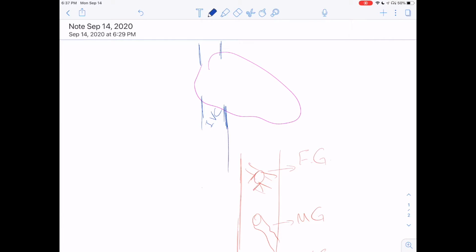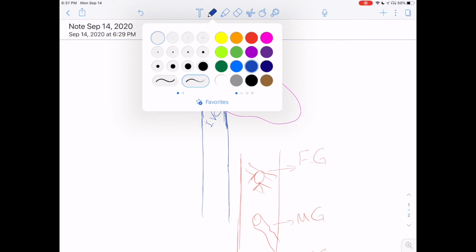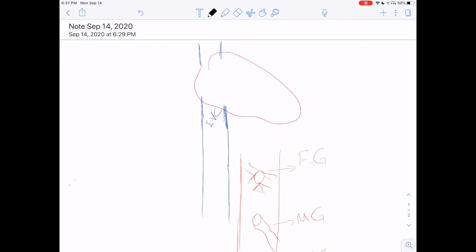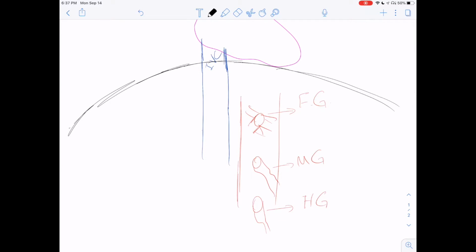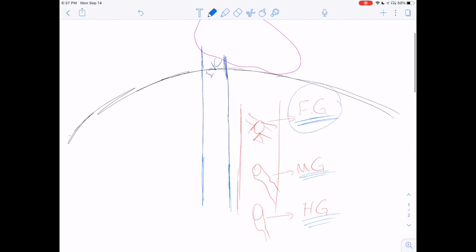So it comes down. Let me draw something that is maybe important and you haven't talked about. This is almost the dome of the diaphragm. So you may think, okay, we have the oxygenated blood supply, the arteries of, let's say, the foregut coming from the celiac trunk.